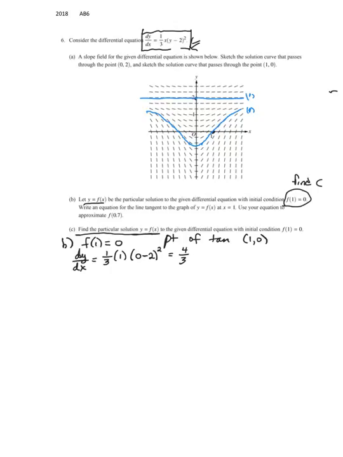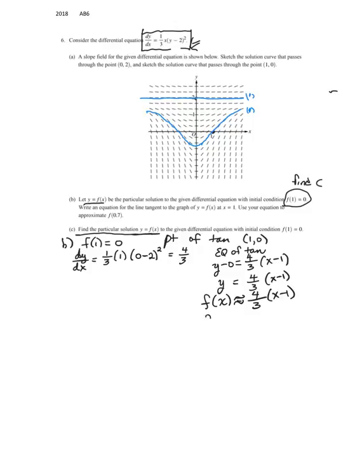So the equation of the tangent line in point slope form is y minus 0 equals 4/3 times x minus 1, or simply y equals 4/3 times x minus 1. And this can approximate the curve for all points near 1.